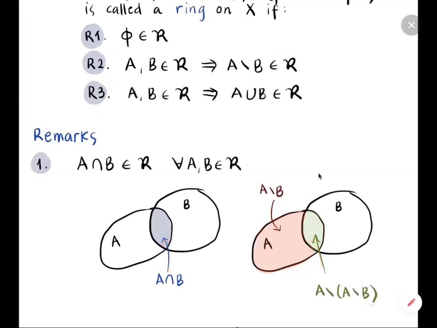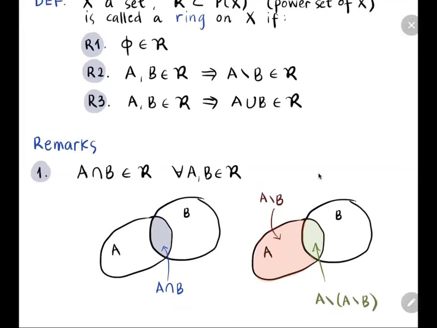Okay. So if these two are equal, and we know that a ring is closed under the operation of set difference, then this must be in R. So therefore, the intersection must also be in R. So in other words, we just need to apply R2 twice to say that this difference is in R. Okay.